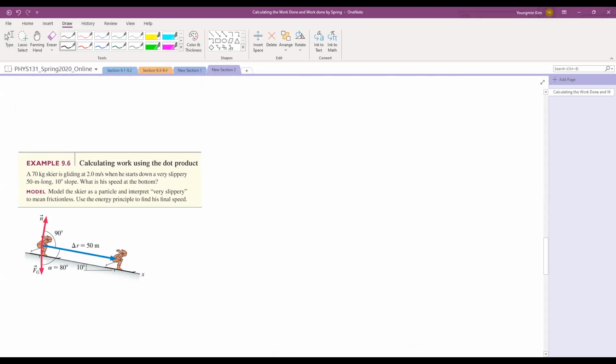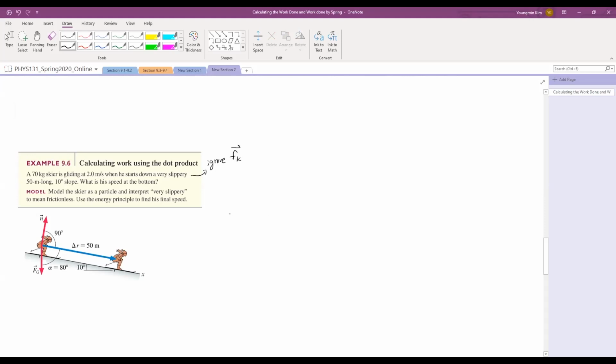And of course, the angle between the normal force and the displacement is 90 degrees. So a 70 kilogram skier is gliding at 2.0 meters per second when he starts down a very slippery 50 meter long, 10 degree slope. Very slippery here means ignore friction. What is his speed at the bottom?